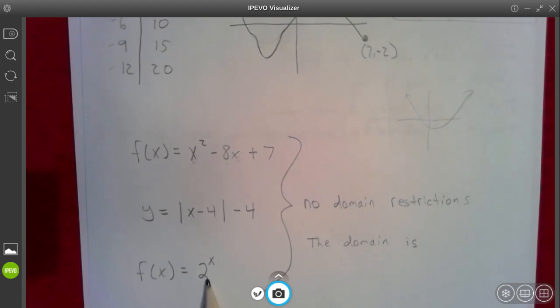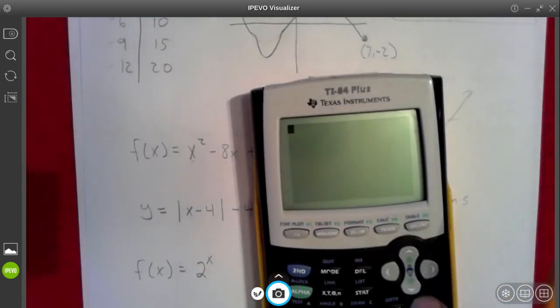Here it's a little bit tougher to think about, but it is true. You are able to take 2 and raise it to any power, even though they could be funky numbers, like 2 to the 0.5. It gives a real value, or 2 to the, I don't know, square root of 5 would be a weird one.